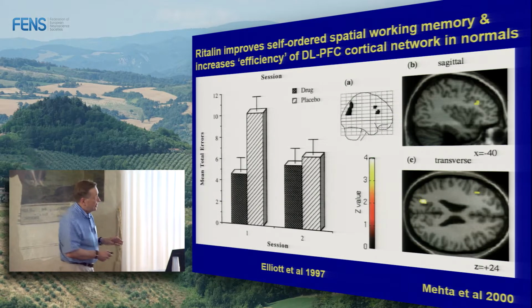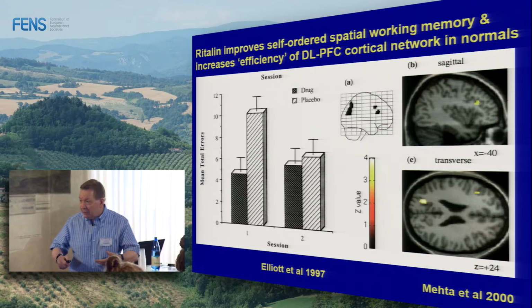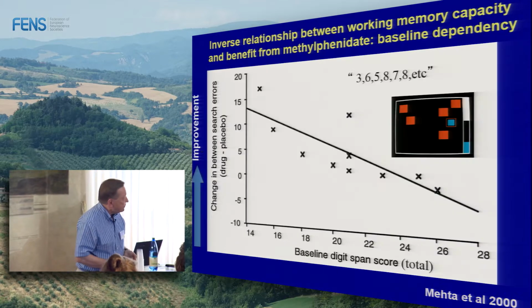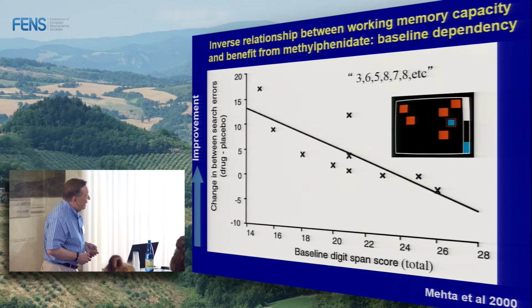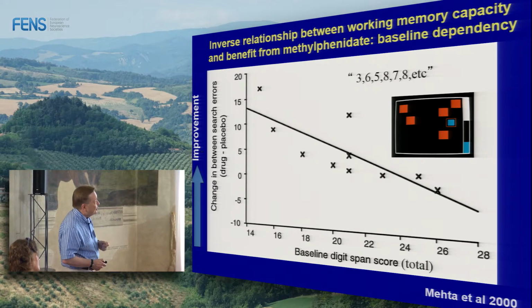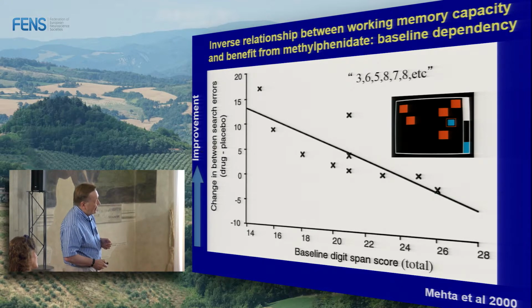It actually reduced the activity of this system and made it more efficient, presumably by increasing signal-to-noise ratios. And interestingly, individually, these volunteers showed the biggest boost in cognitive function with Ritalin if they had the lowest baseline level of working memory.